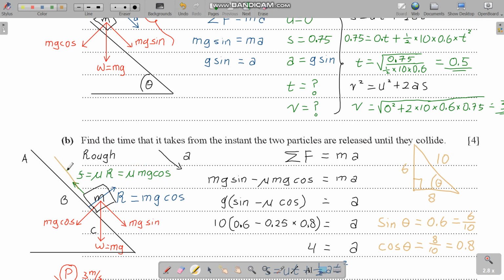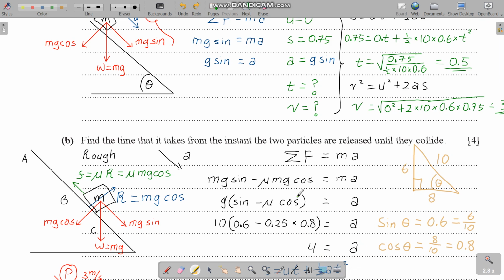The friction is going up the slope, and we have the weight component down the slope. To find the acceleration, sigma F equals ma, we have W sine theta minus mu W cos theta, cancel out the m, plug in the numbers, and we have the acceleration during the rough part of the slope.